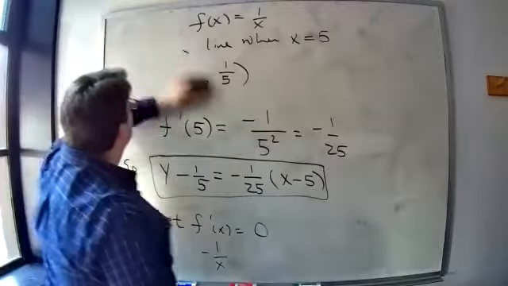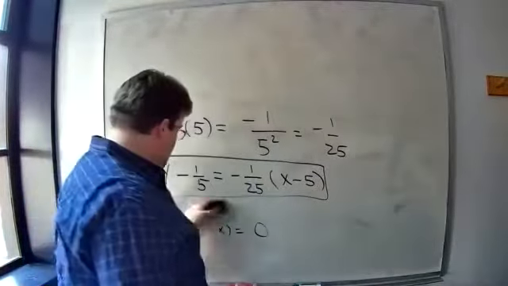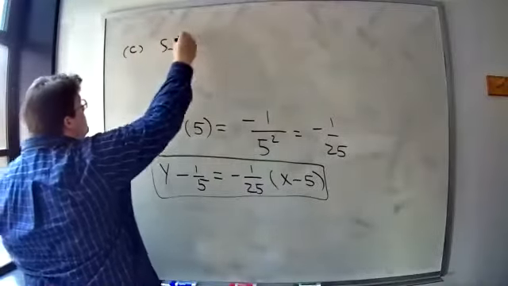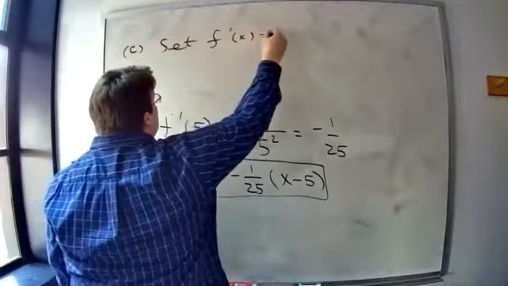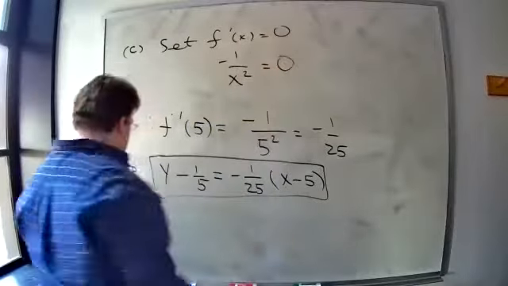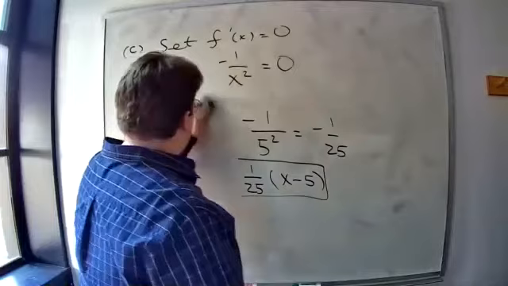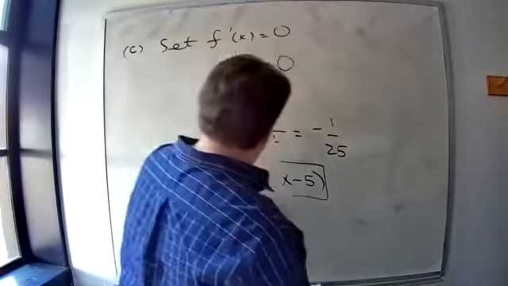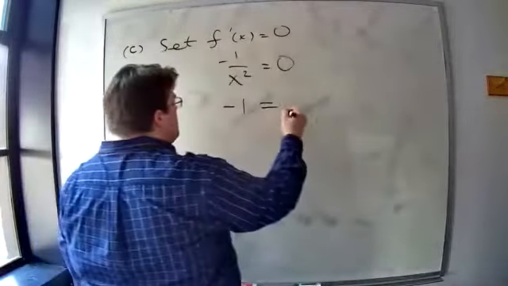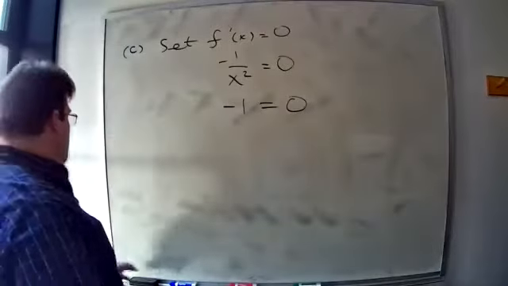Guess I'm going to go up here for it. So C, set f prime equal to 0. So we have -1 over x squared equals 0. Where does this equal 0? Well, let's get rid of the fraction. Multiply by x squared, or negative x squared if you so prefer. Multiply both sides by x squared, you get -1 equals 0.